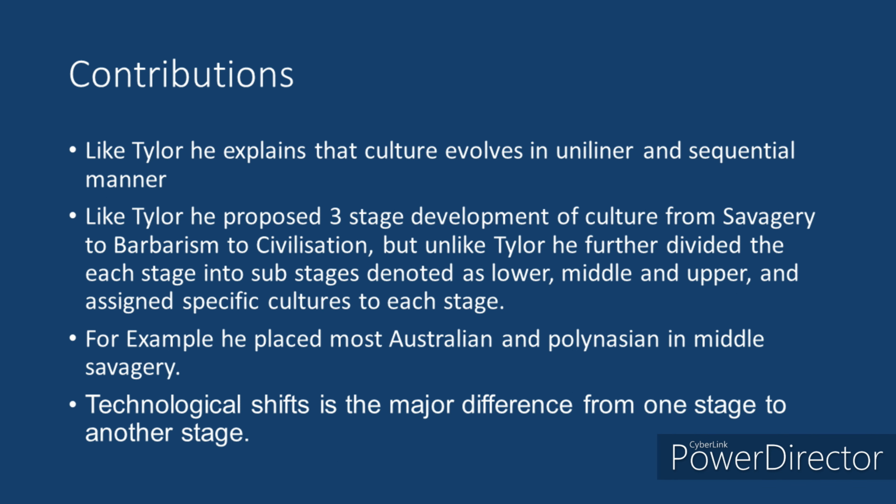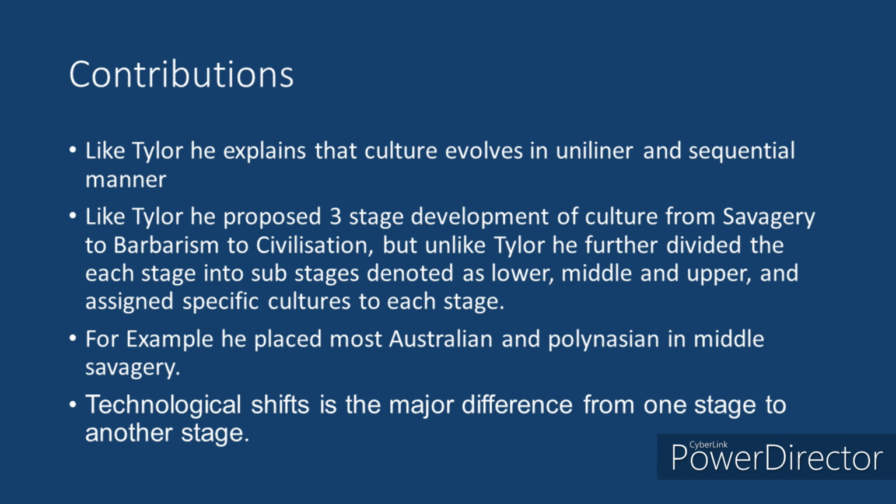And the next point is, same as Taylor, he proposed three stages of development of culture from savagery to barbarism to civilization. We have seen while studying Taylor that he also proposed the same thing, that society or culture evolves from savagery to barbarism to civilization.